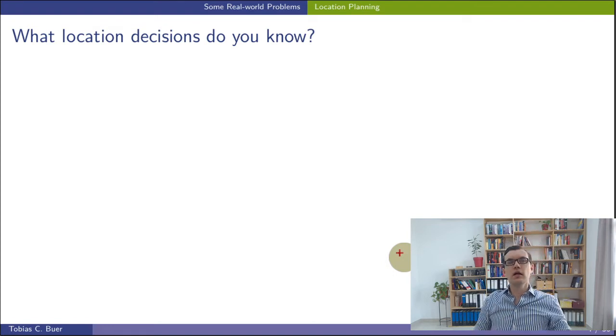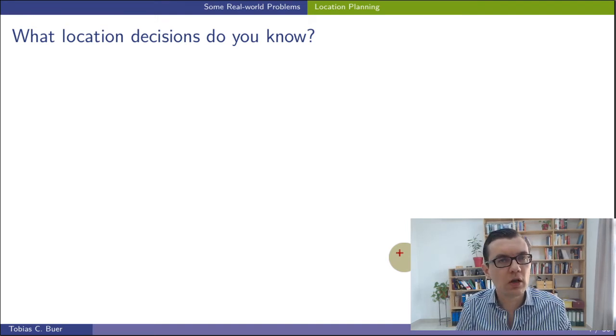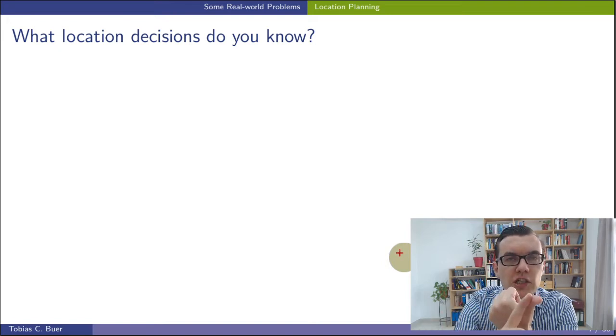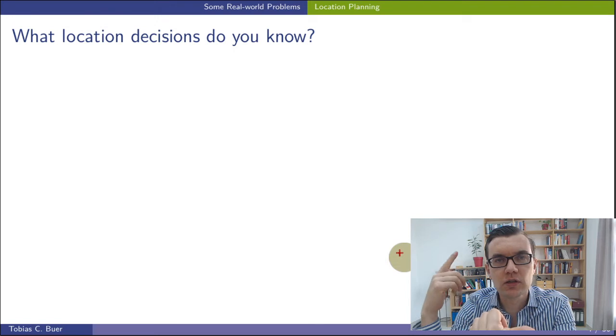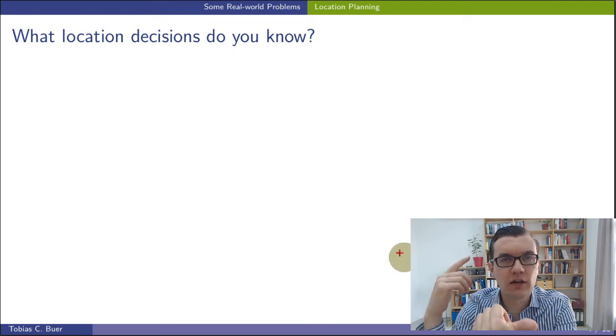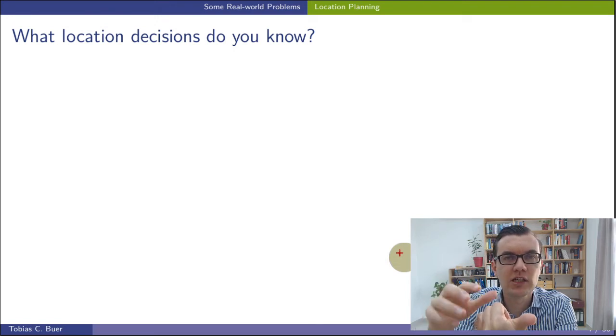So let's focus on the location decisions. Pause a moment and think about what location decisions of businesses do you know? Which type of location decisions have you learned in your study program? Recall the different courses and check if you talked about location decisions.